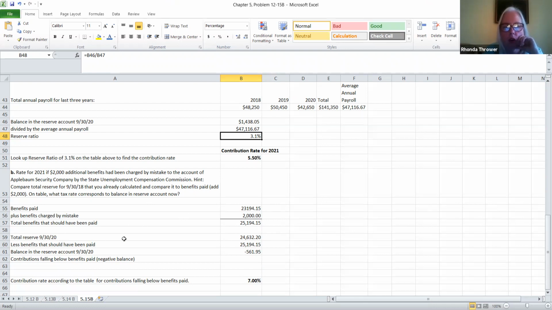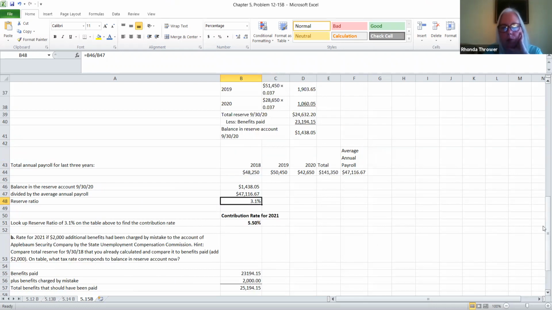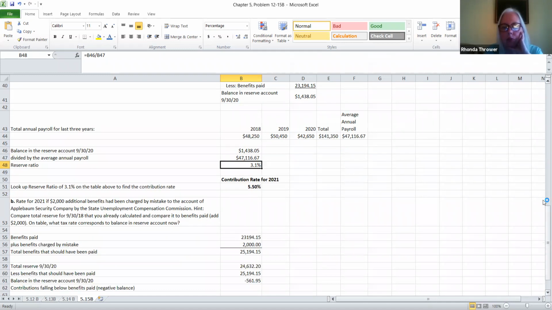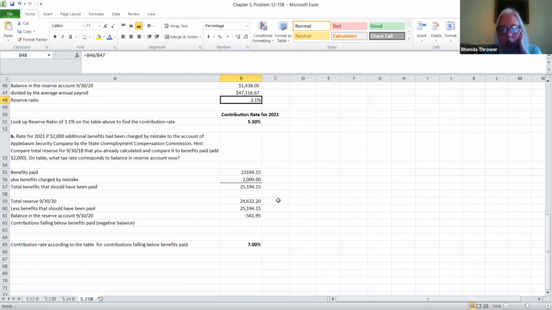The total reserve balance was $24,632.20. That was given on 9/30. It's that amount right there. That's what we figured a little bit earlier.